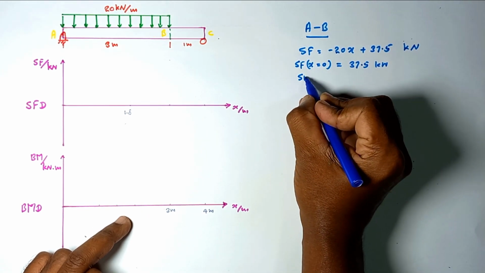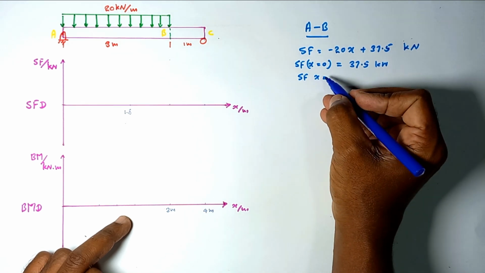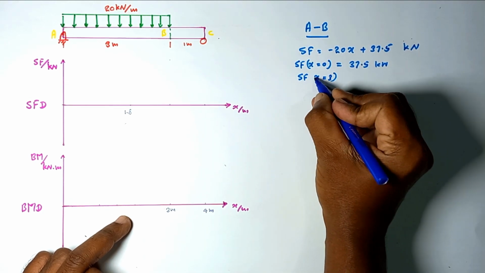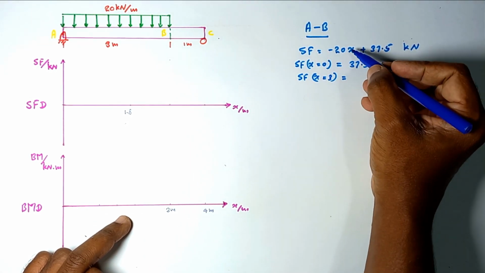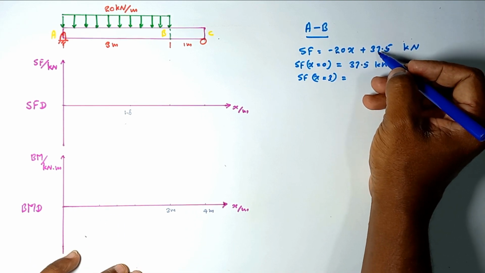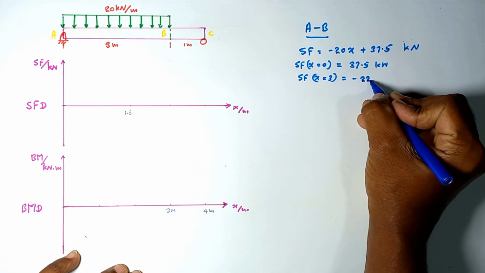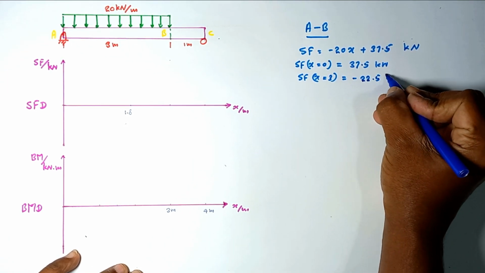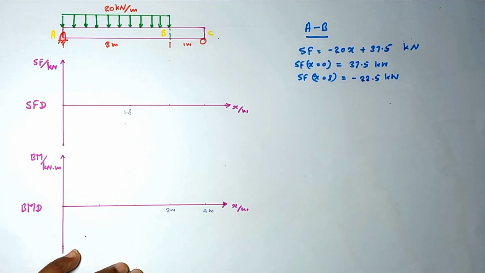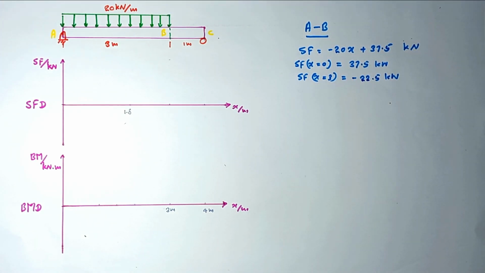Then at x equal to 3, at the B point, the shear force value, by substituting 3 here, is minus 60 plus 37.5, that is equal to minus 22.5 kilonewton. It's a linear equation with a negative gradient, so we can simply draw that.